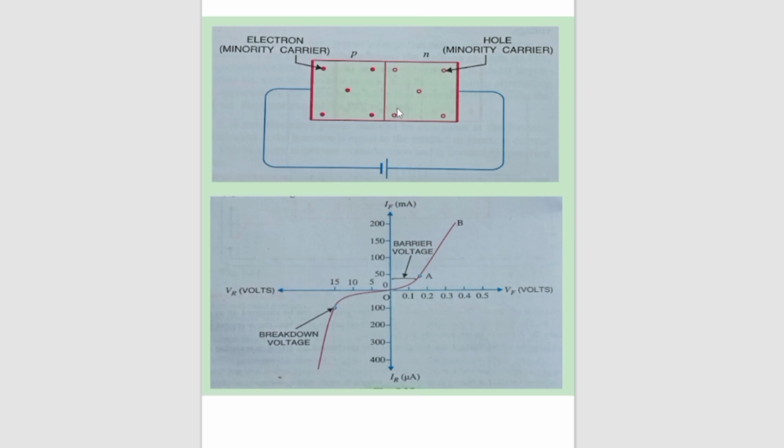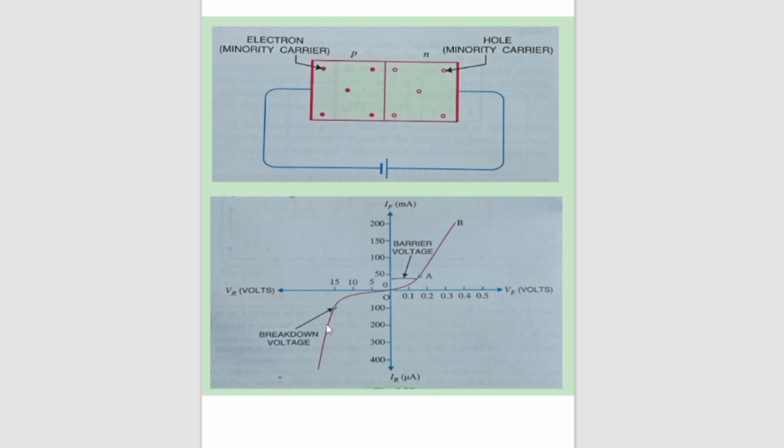This may destroy the junction permanently. Remember one thing: the forward current through a PN junction is due to the majority carriers produced by the impurity. However, the reverse current is due to the minority carriers produced due to breaking of some covalent bonds at room temperature.